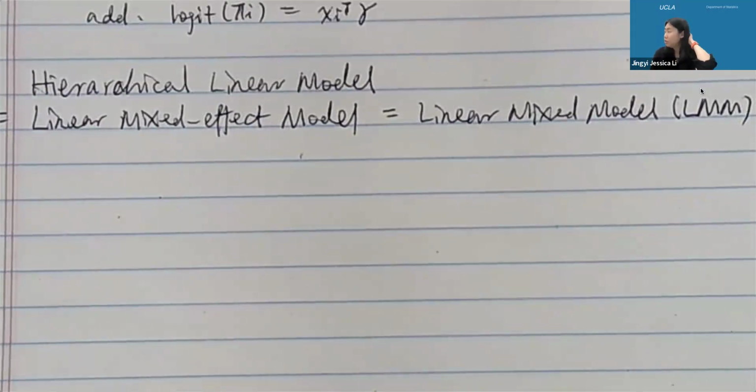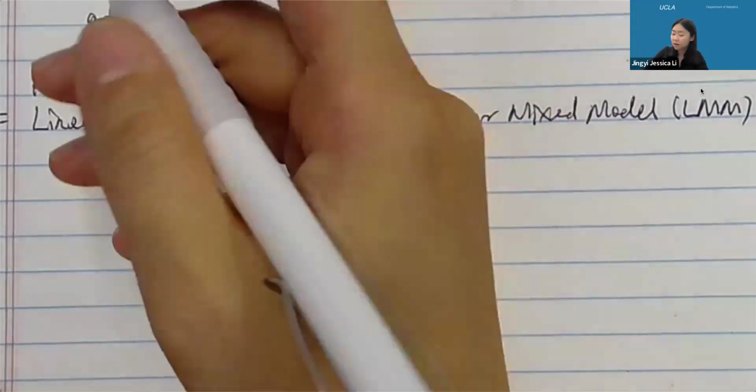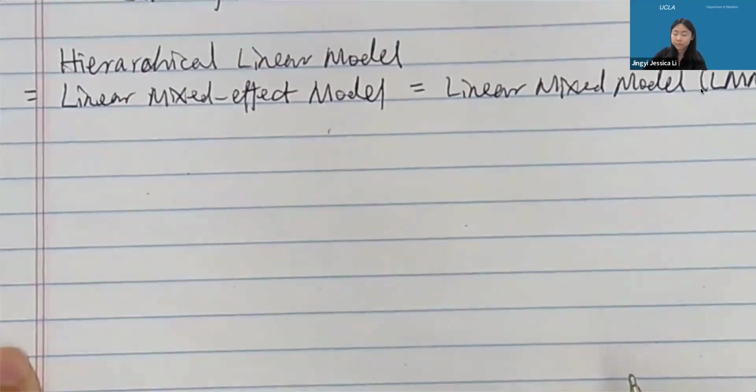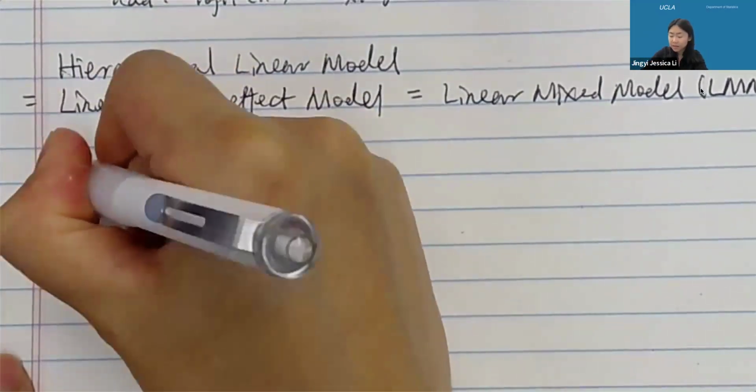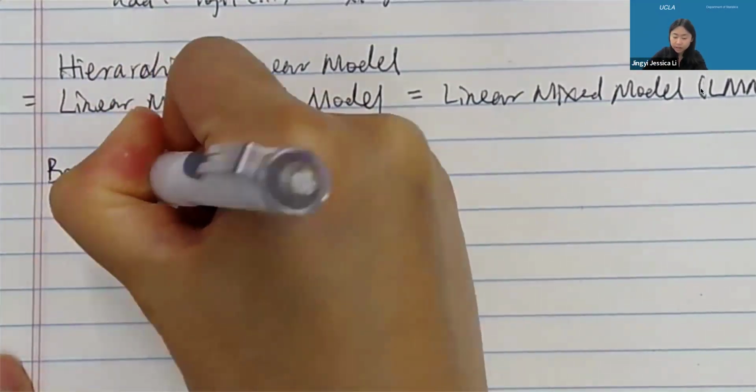Okay, so to motivate why we need this, we first introduce the Bayesian linear model. We'll start from a Bayesian linear model.